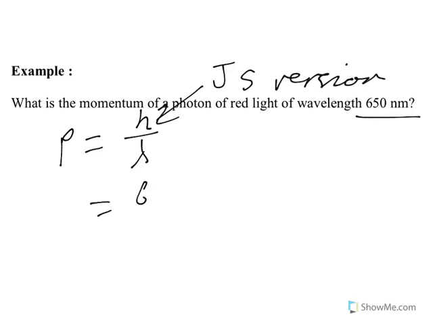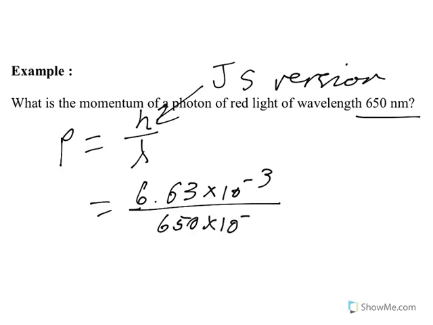So that's 6.63 by 10 to the minus 34 over the wavelength 650 by 10 to the minus 9. And then when you do that on your calculator, you get 1.02 by 10 to the minus 27.